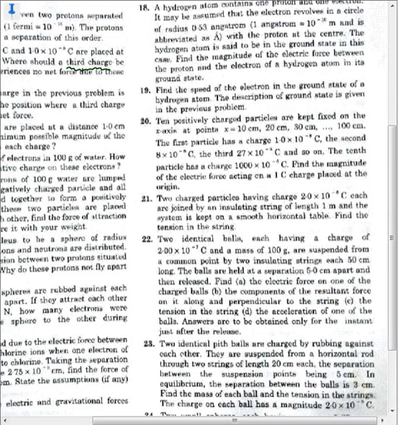Now for that 20th bit, what we have is 10 positively charged particles which are kept fixed on the x-axis at distances 10, 20, 30, right up to 100 centimeters, that is up to 1 meter. The first particle carries a charge of 1 times 10 raised to the power minus 8 coulomb, and for the second one, it's 8 times 10 raised to the power minus 8. Third one, 27. And it goes on, like if you see, they are the cube of the distance factor.